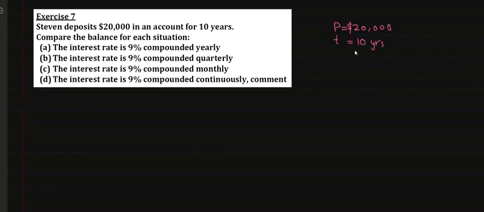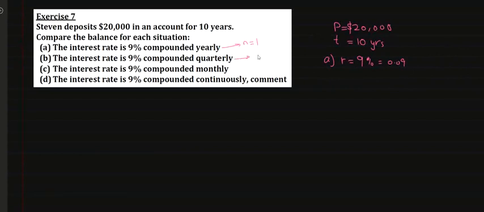Compare the balance for each situation. The situation A, the interest rate is equal to 9%, where we directly write it as 0.09. Compounded yearly, and yearly means that n is equal to 1. It will be added once per year.